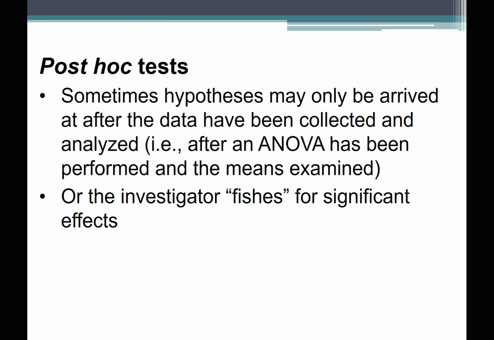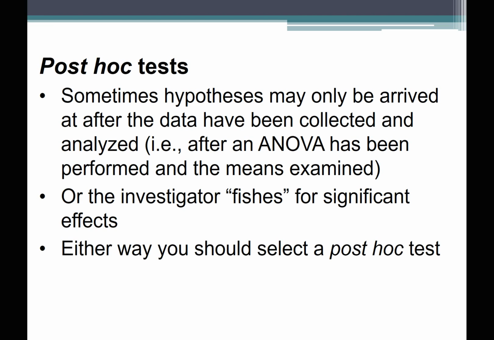Sometimes investigators fish for significant effects where they just kind of want to test everything. Not exactly great science, but it does happen. Regardless, either way, you need to select a post-hoc test to try to control for that family-wise error rate.